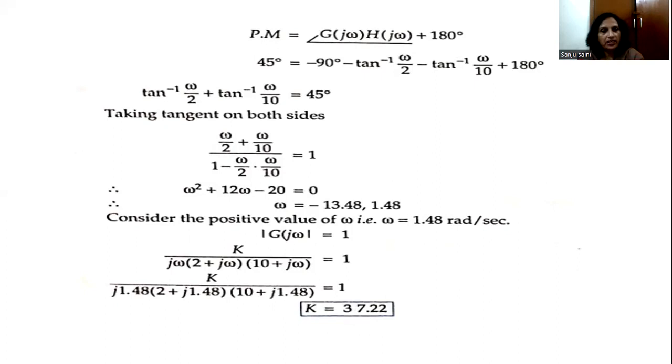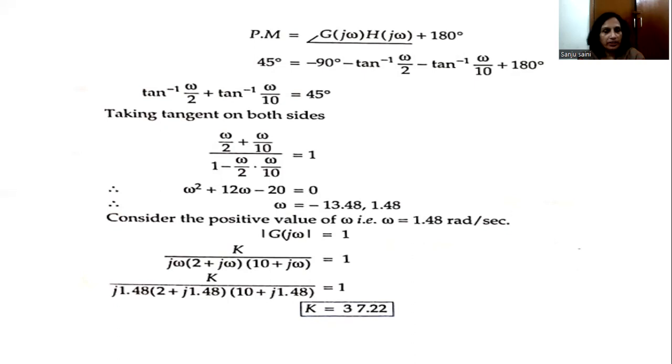So this way we can design the system; we can get the value of the system gain for a particular value of the gain margin and the phase margin. Gain margin and phase margin are basically defining the relative stability of the system. In case both of them are positive, the more the value of the gain margin and phase margin, the more stable the system is, and the more it is away from the instability portion.